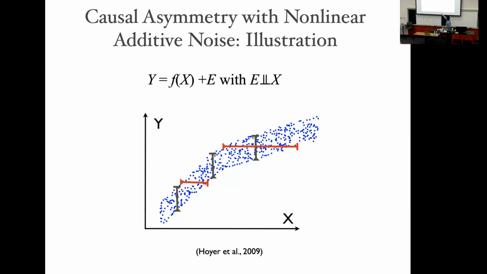So here, let's start with the nonlinear function plus additive noise. I just try to make sure everything is intuitive here. Y is a nonlinear function, which is piecewise linear for illustrative purposes, plus independent noise. If you look at x given y, you can immediately see that there's something very weird. The noise level will be very sensitive to the location y, right? That means no matter how you do regression from y to x, the error will definitely be dependent on y.